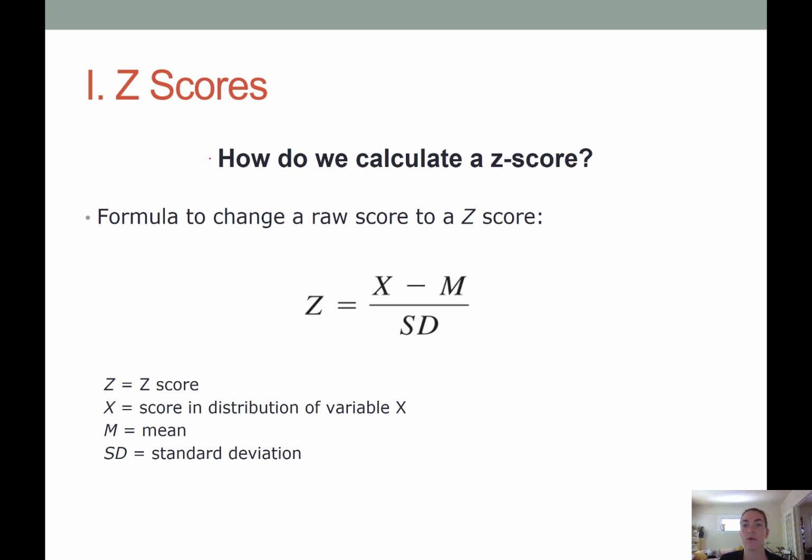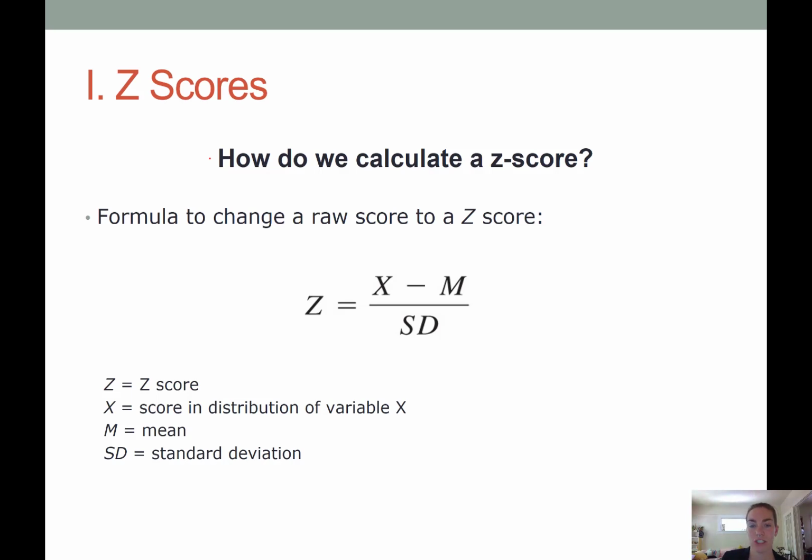This is the formula for a z-score, and z-scores are really crucial to statistics. The z-score formula is one that you'll see over and over again if you haven't taken a statistics class before. This might be the first time you're seeing it, but you'll get used to it. And for others of you who've taken statistics before, you probably already know this by heart. The z-score formula is in the numerator just a deviation score.